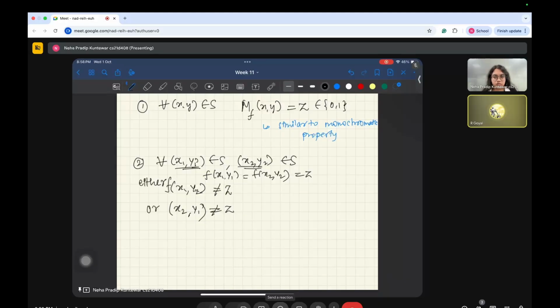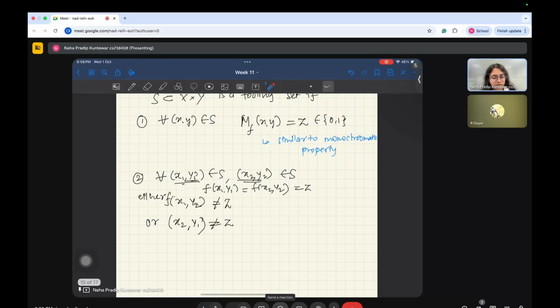I could not understand why f of x1 y1 would be the same as f of x2 y2. The first property says that if you look at all the elements in the set S, they all will evaluate to the same value. Why so? That is how we define the set.